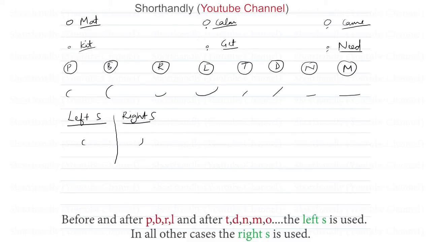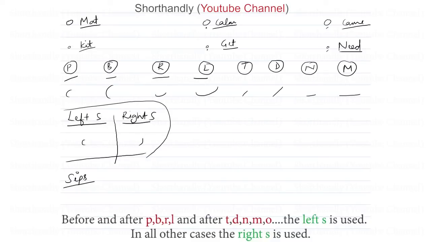Okay, so let's read the statement again. It says before and after P, B, R, L, and after T, D, N and M, the left S is used. So it's simply saying that before and after P, B, R and L, we will be making the left S. So suppose we have a word here called sips.